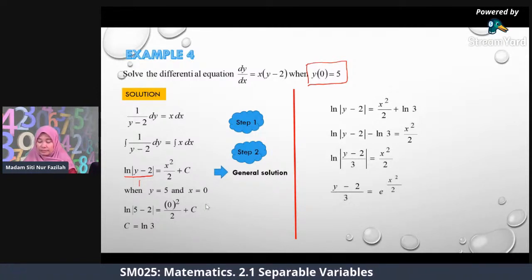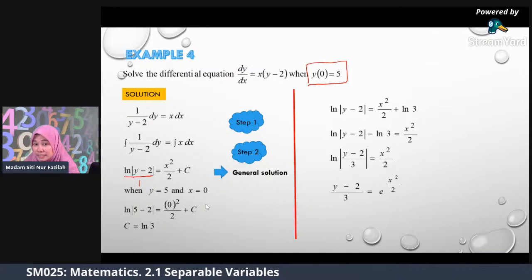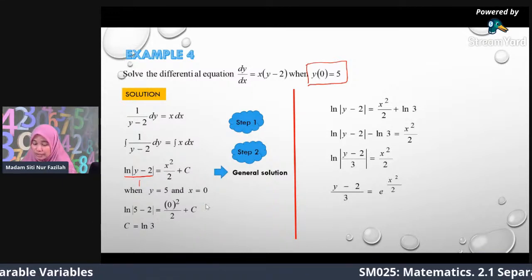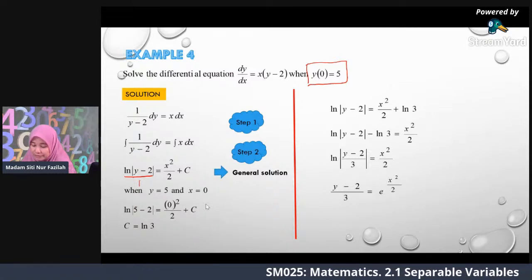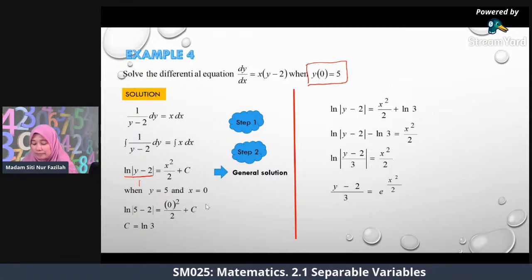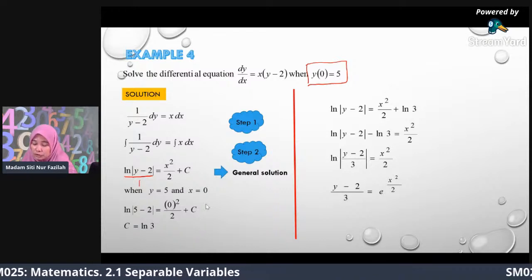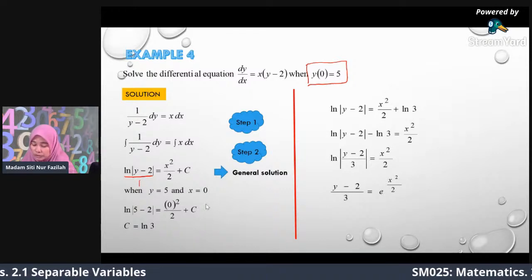Then we exponentiate both sides to cancel out the ln. We get the absolute value of y minus 2 over 3 equals e to the power of x squared over 2.